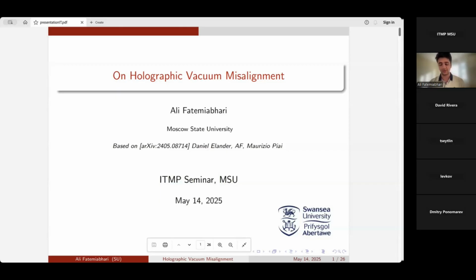This sector supposedly respects some symmetries at higher energies, and at lower energies, lower than the TeV scale, this symmetry breaks spontaneously and produces some pseudo-Goldstone bosons. And those will be identified as the standard model Higgs.